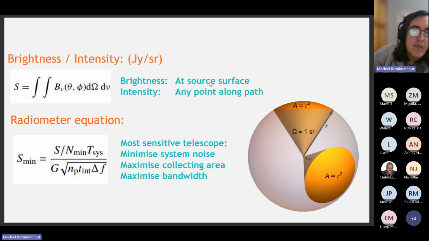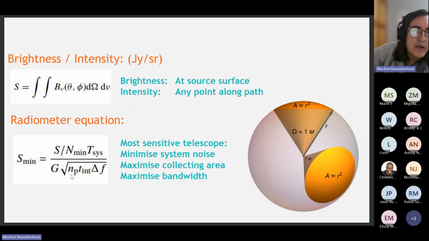So you set a limit above which the signal to noise ratio has to be to count as a detection of a source, and then the minimum flux that you're able to observe depends on the system temperature. We'll get to that in a second. It's inversely proportional to the gain, so the higher the gain is, the lower this flux density minimum is going to be, meaning the more sensitive the telescope is.